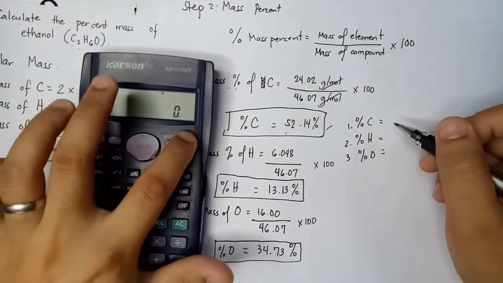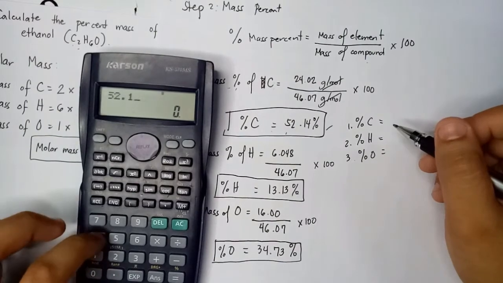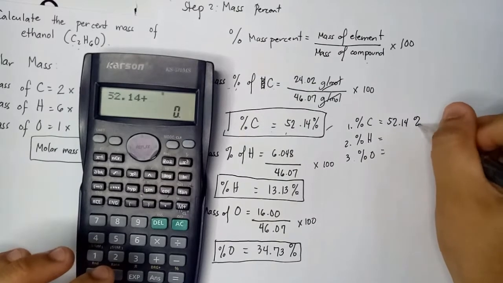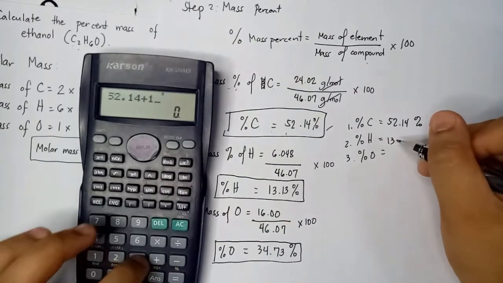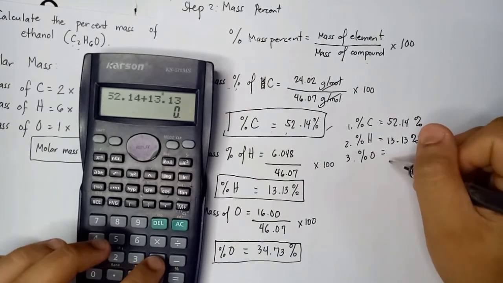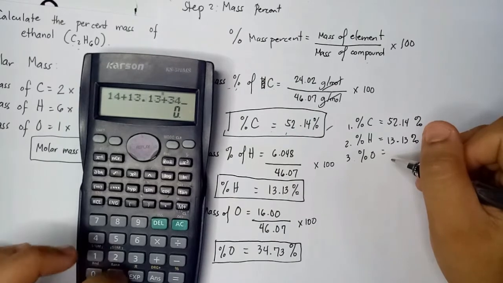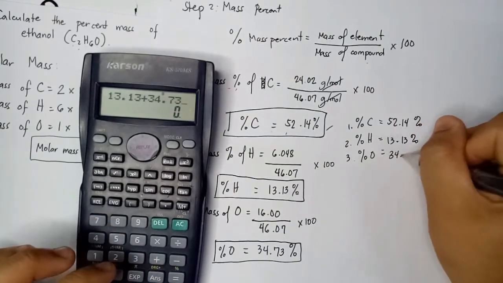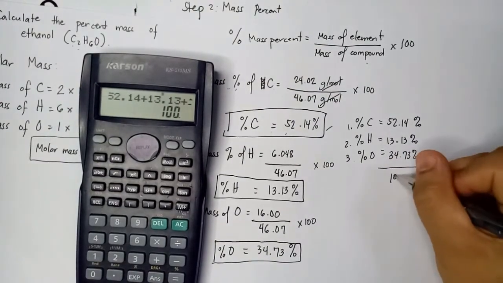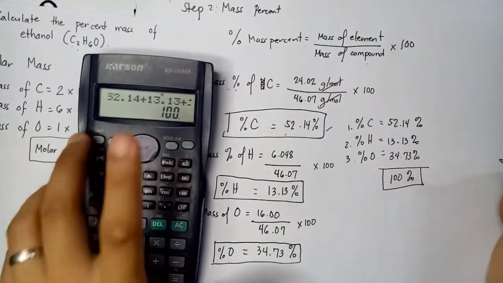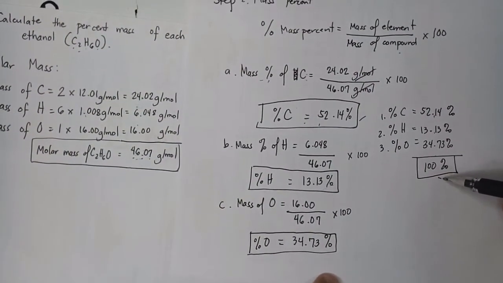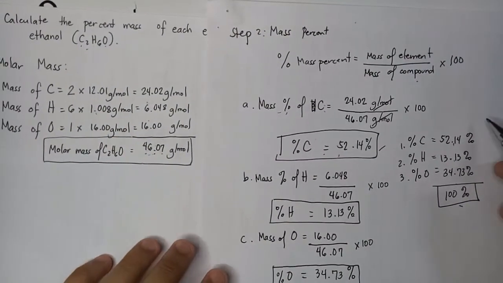Let us compute: 52.14% plus 13.13% plus 34.73% equals 100%. Kung mapapansin nyo, pag inadd natin, equal siya kay 100%. Alright? So, that is the percent composition.